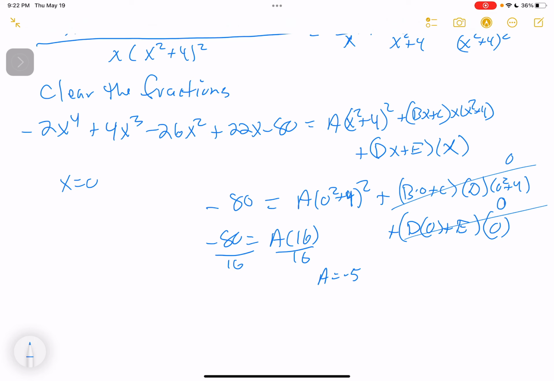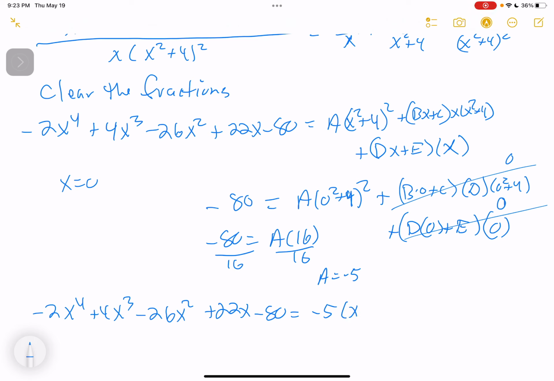So what do we have? All we can do now is look at, if we expand everything, the coefficients and relate them to the coefficients on the left. So we have this negative 2x to the fourth plus 4x cubed minus 26x squared plus 22x minus 80 equals negative 5 times what? So that's x squared plus 4.